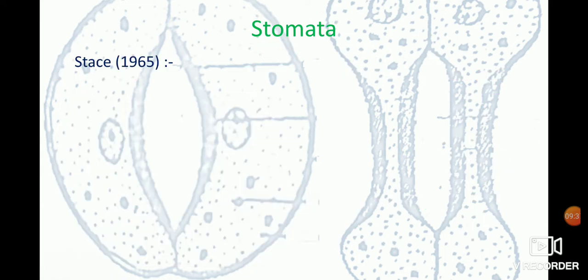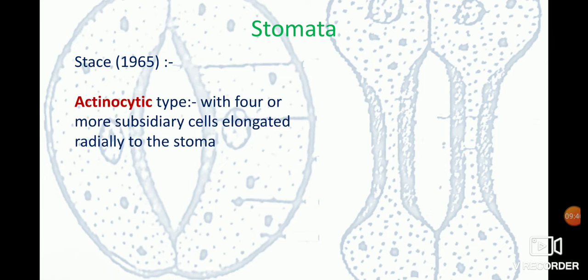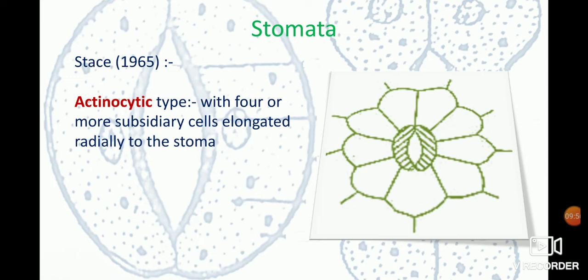In addition to these four types, Stace in 1965 recognized two other types of stomata. The fifth one is the actinocytic type of stomata, which has four or more subsidiary cells which are elongated radially to the stomata.